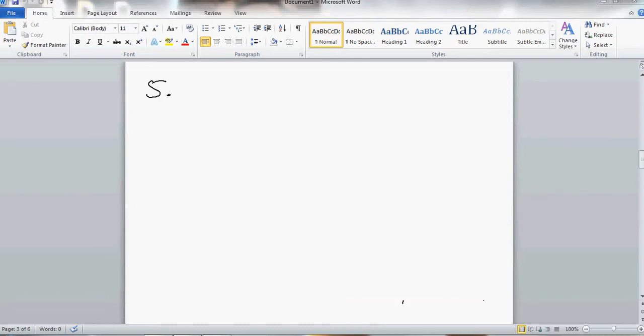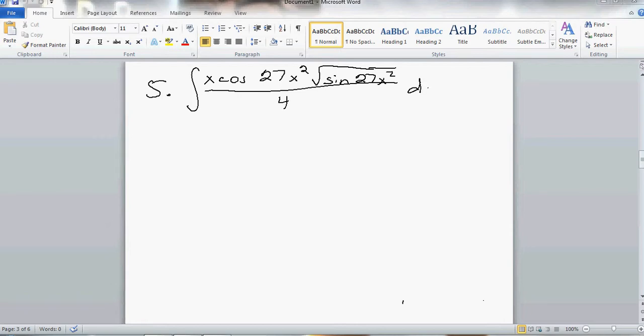So, number 5, we get x cosine of 27x squared times the square root of sine of 27x squared all over 4 dx.